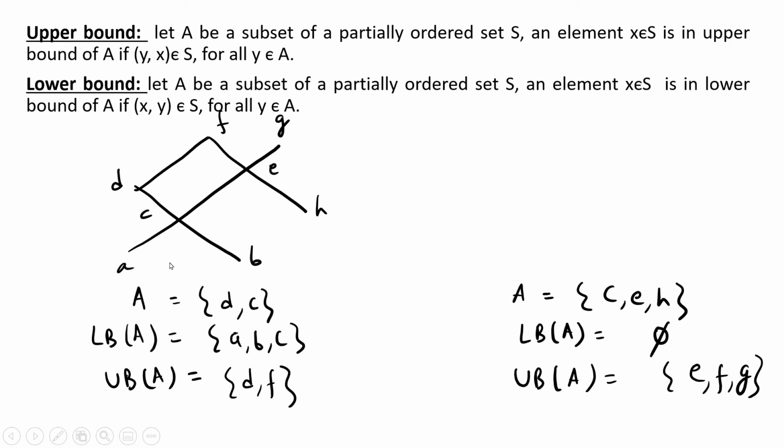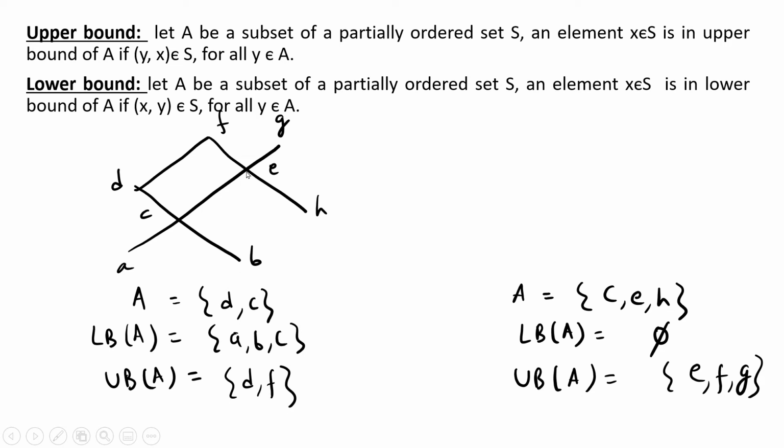So let's check. A is {D, C}, so the upper bound would be: D is connected with F, C is connected with D. So C is connected with F also and D is connected with F also. So F will be in the upper bound.